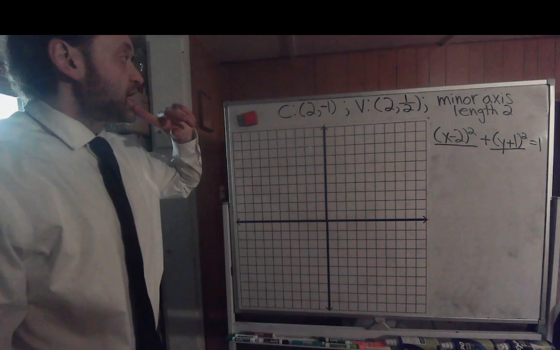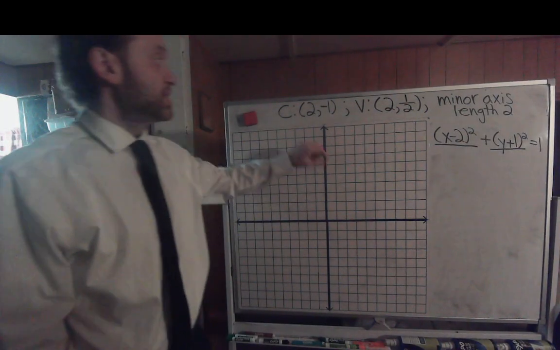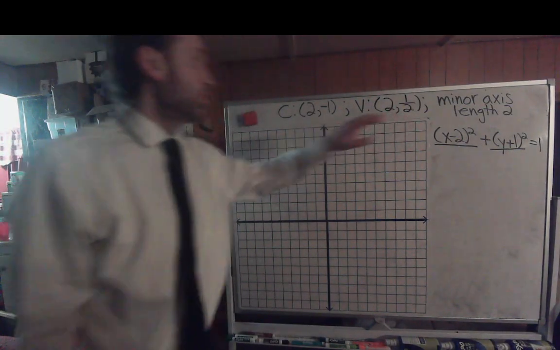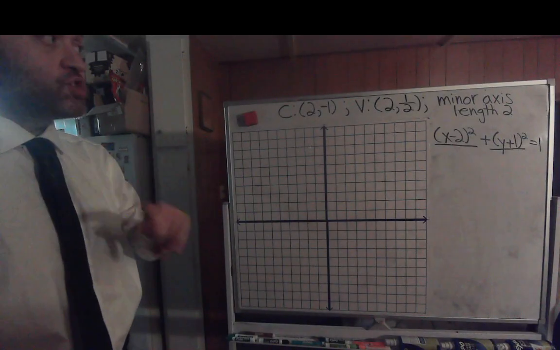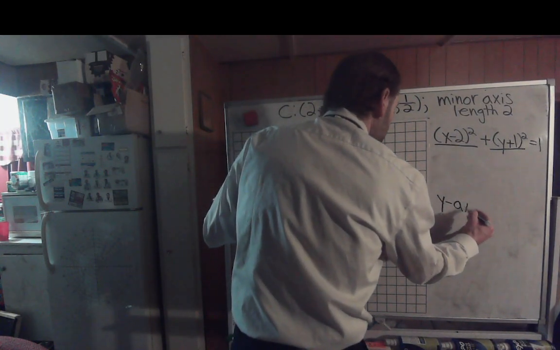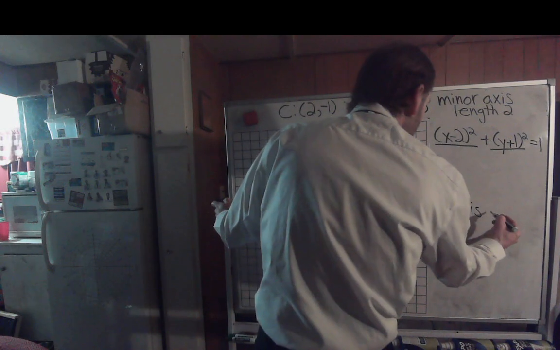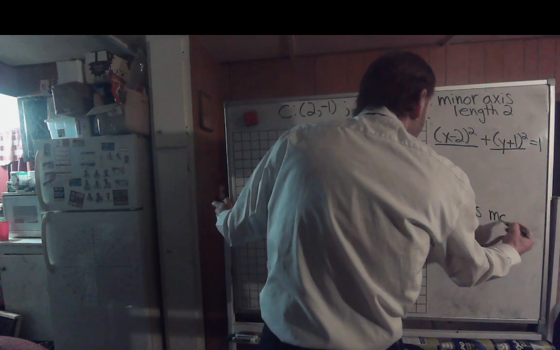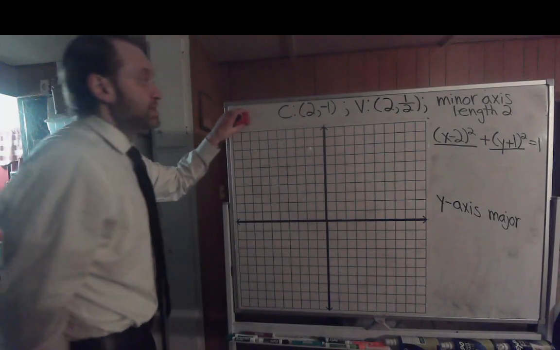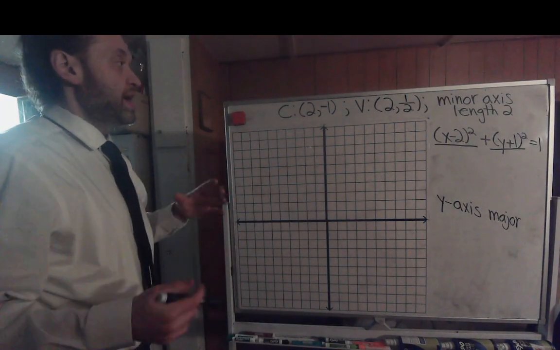If you have a vertex with the same x-coordinate, but you have a change in the y-coordinate, that means your major axis is actually the y-axis. So let's start there. Y-axis is major since we have a change in the y-axis, so that is where the major axis is.